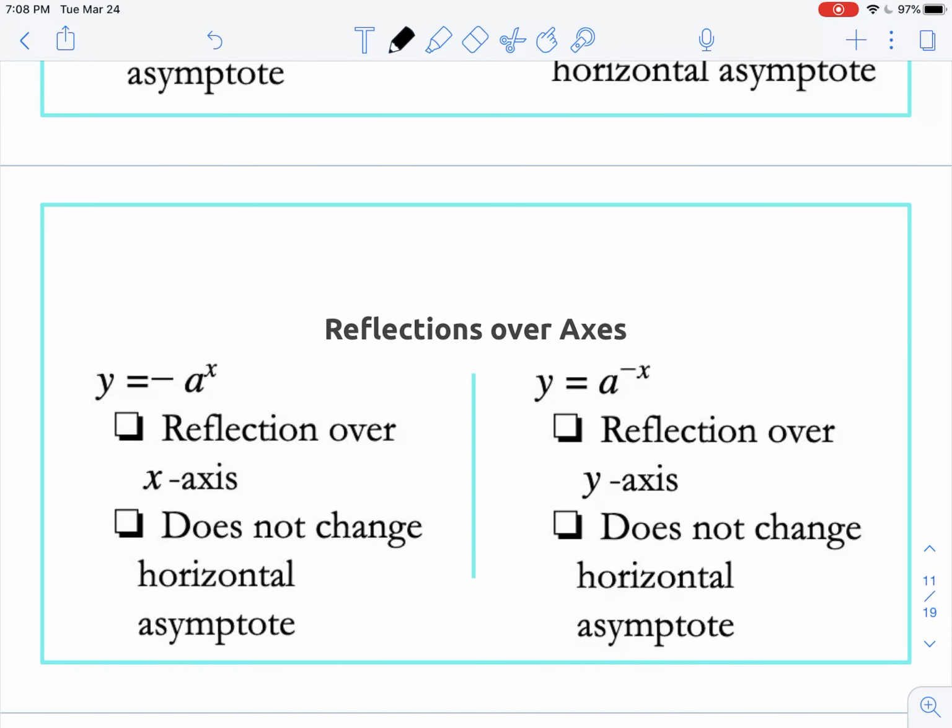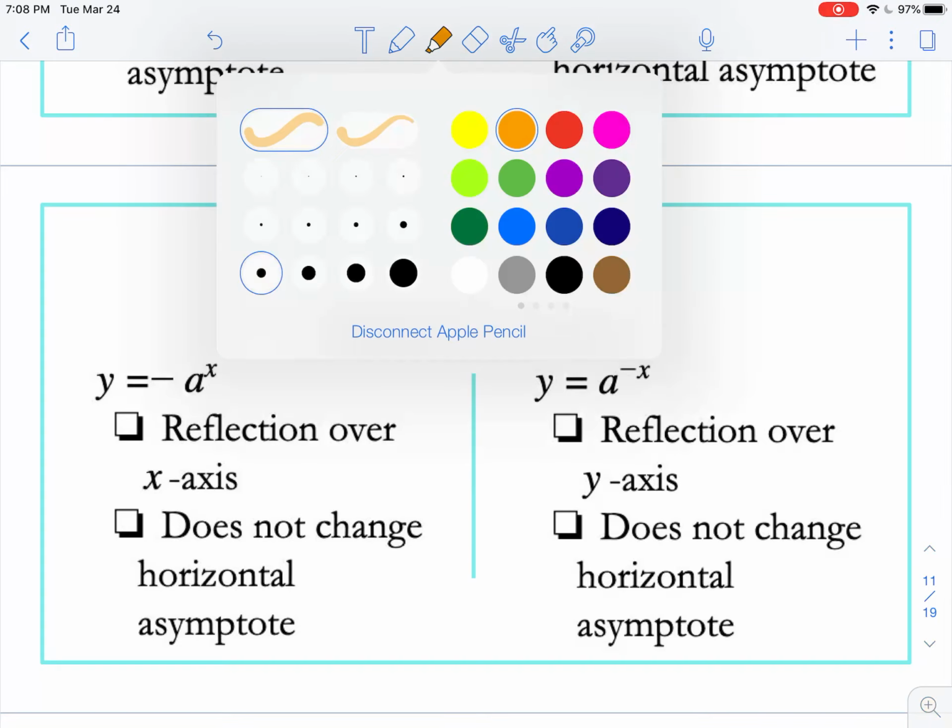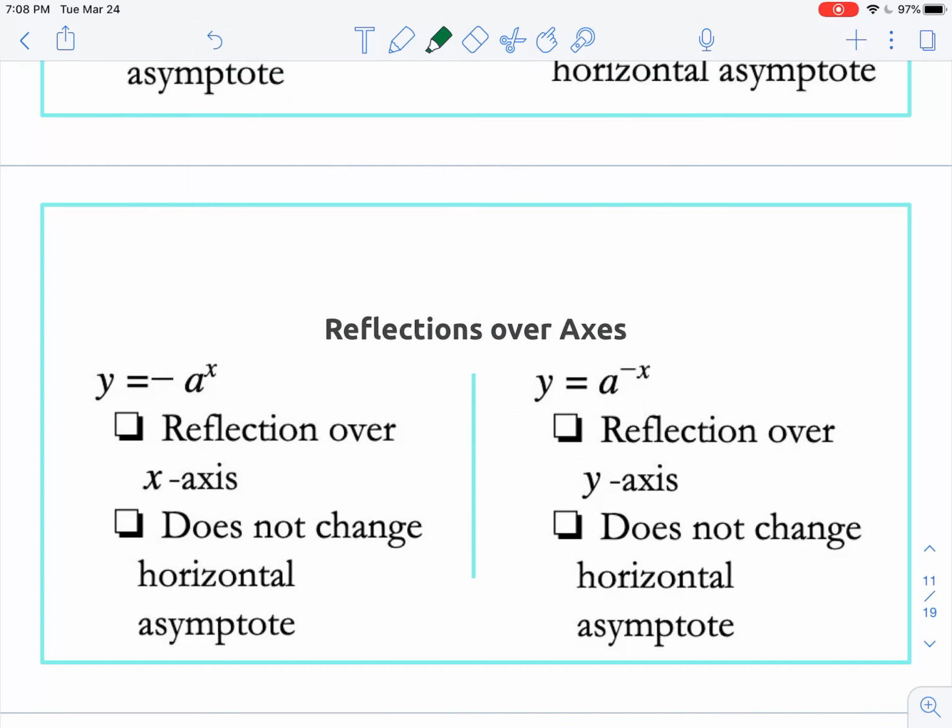All right, another common set of transformations is when we have reflections over different axes. If I have a negative sign in front of the entire equation, that is going to be a reflection over the x-axis. This is not going to change the horizontal asymptote.